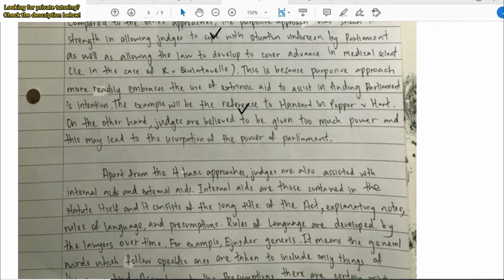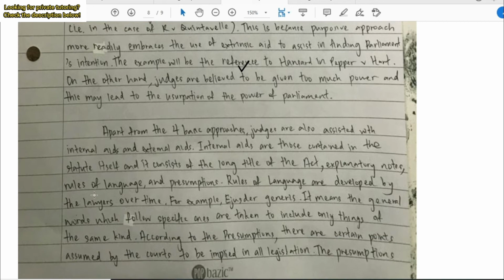Like I say, there are only two major approaches: the literal approach and the purposive approach. Purposive approach is one category, literal approach is one category. And this whole thing, rules of language and presumption, you can put in a separate category, or in the same category as the literal approach. It's also fine, doesn't matter. The most important thing is that the purposive approach is very different from the rest, and of course much more controversial.